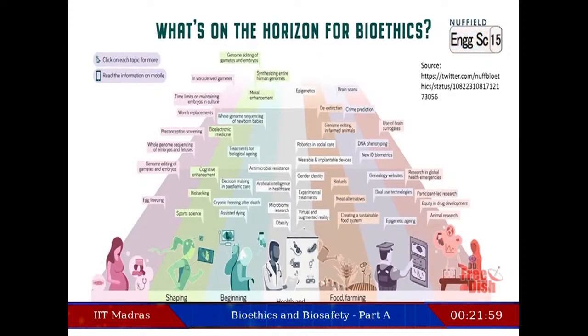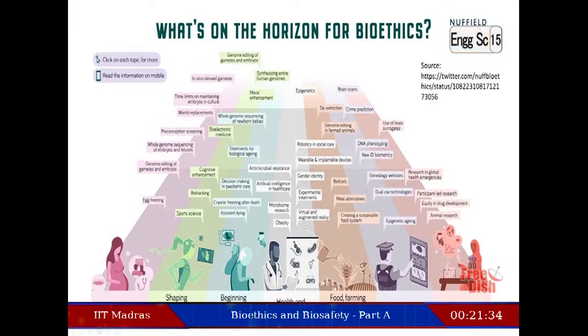Bioethics is a very big subject. As you can see from these graphics, the topics range from human reproduction to shaping human beings, to society, food, farming and environment, even crime and security, and finally impacting research ethics.